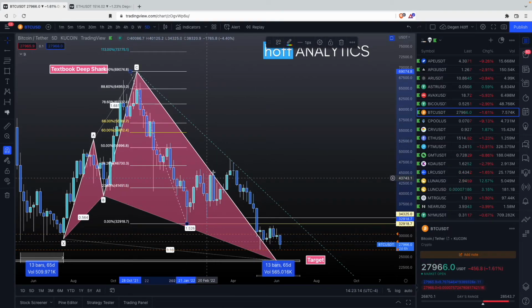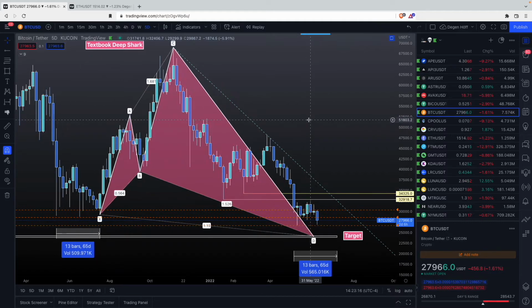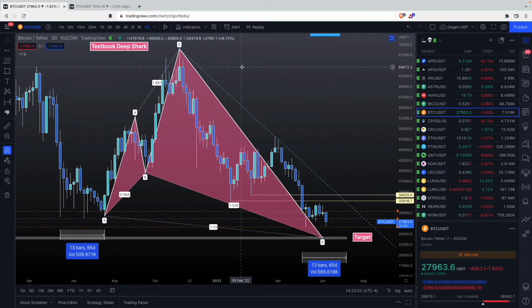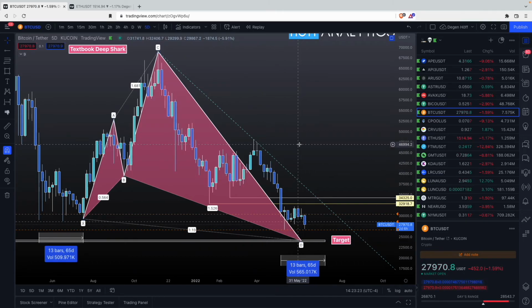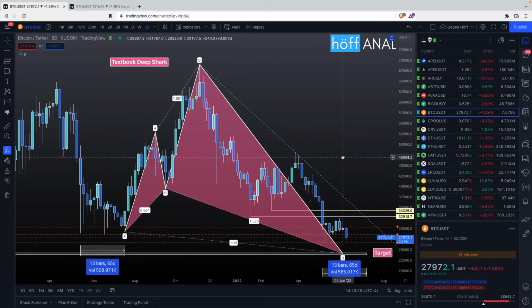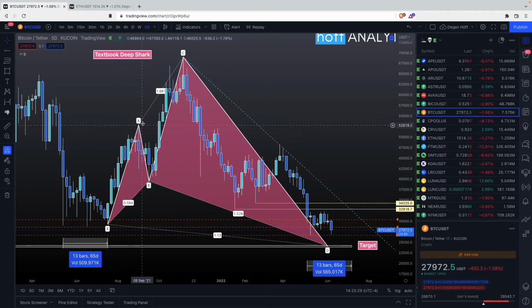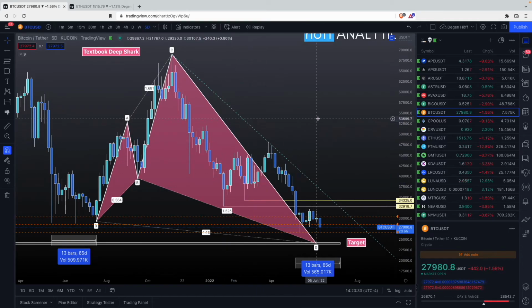So that tells me that now that the 886 was violated, the next target based on the wave structure is going to be the 113. And the idea is, if you read Scott Carney's books, every first wave will have a complementary second wave fib that you're looking for.